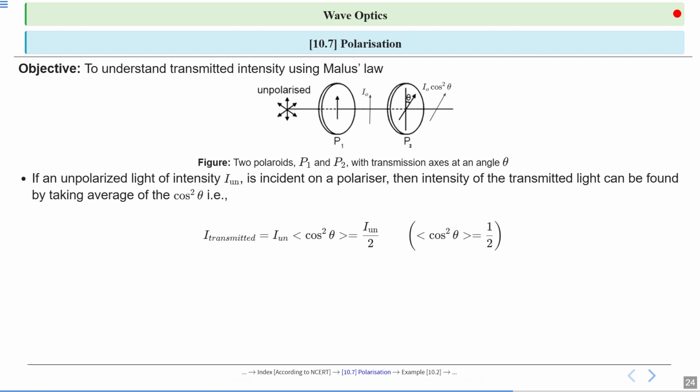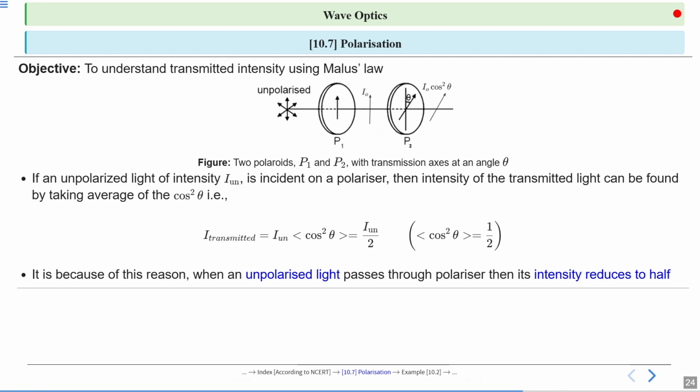We have discussed the average values of cos theta, sin theta, cos square theta, sin square theta in alternating current also. So the intensity of transmitted light through the first Polaroid will be I UN, the intensity of unpolarized light, divided by 2. That is, it becomes half. That is why the intensity is reduced by half.